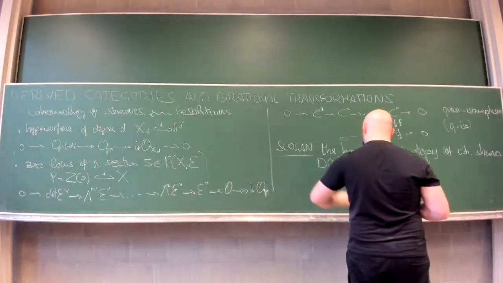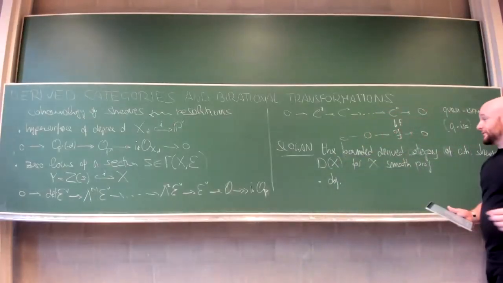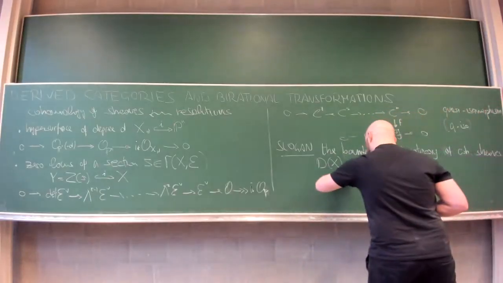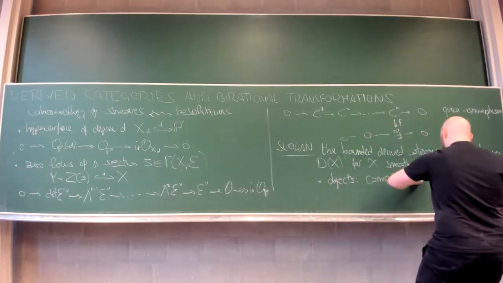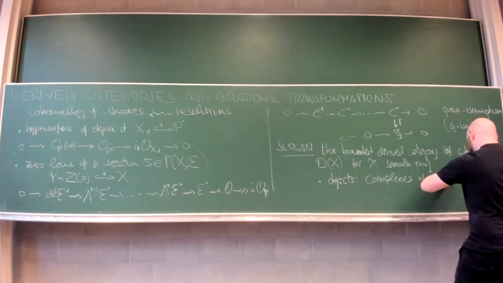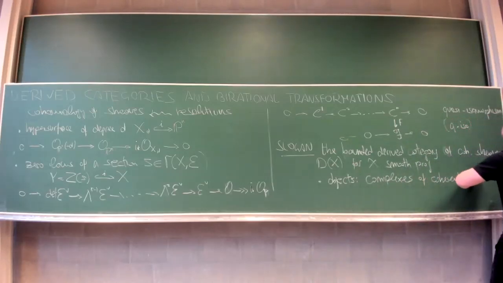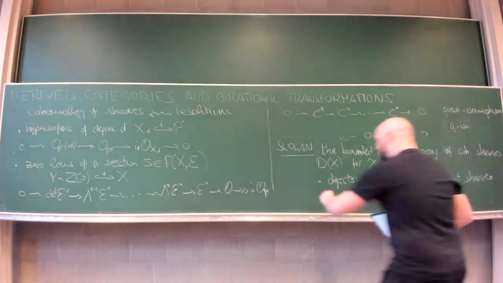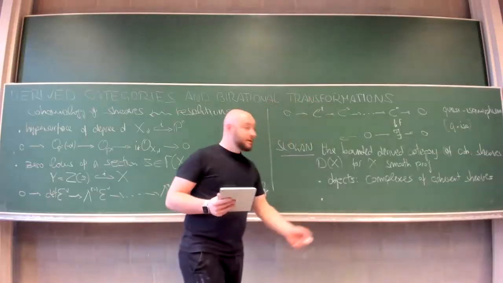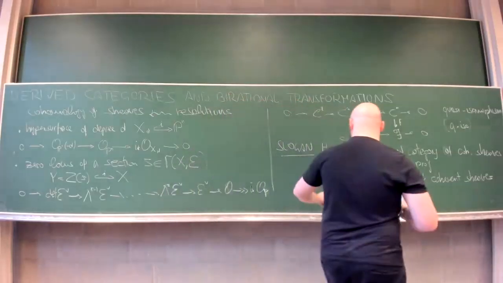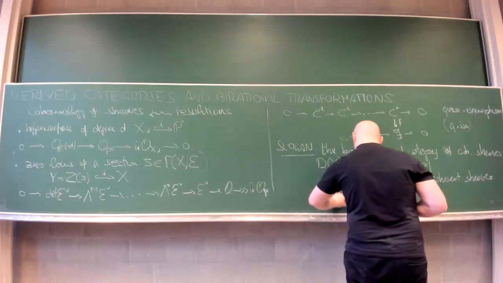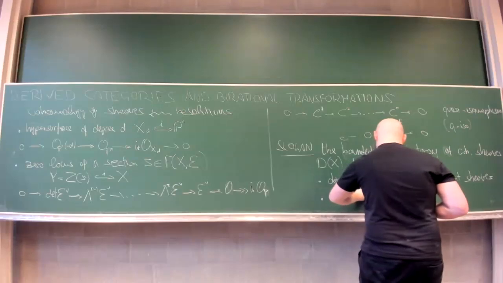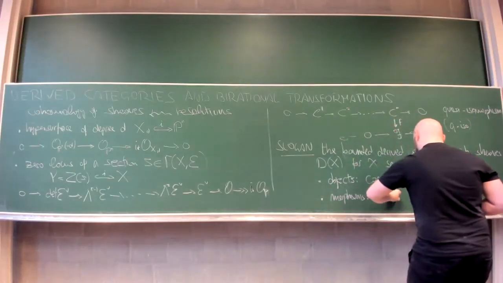Objects will be complexes of coherent sheaves. And morphisms, what will they be? The first thing we can think about is just morphisms of complexes of sheaves, so maps of complexes.